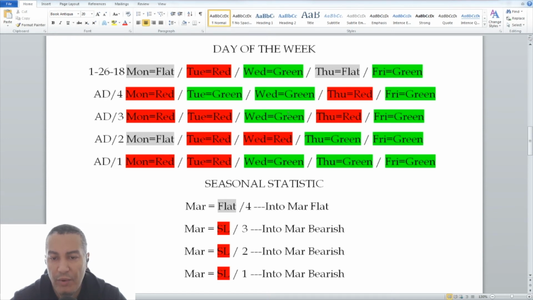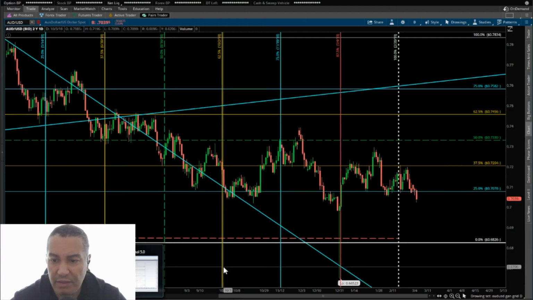So today could be maybe the swing low. Thursdays are mixed between red and green, bullish and bearish. And then Fridays are very positive, very green, very bullish. So that's that. Let's look at the chart.